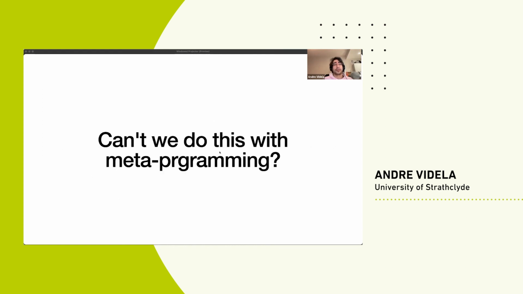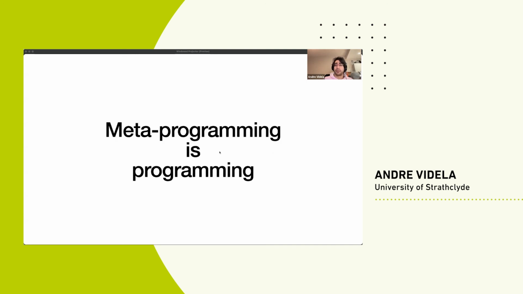Now, a common counterpoint to all of this that people will say is, well, okay, you can generate command line programs, you can generate servers, you can do all these fancy things with JSON and with type level programs. Can't you already do this with metaprogramming? And I'm going to steal a line from Conor McBride, which says, the great thing about dependent types in this case is that, yes, you can do this with metaprogramming, but here we don't even need metaprogramming because metaprogramming is programming.